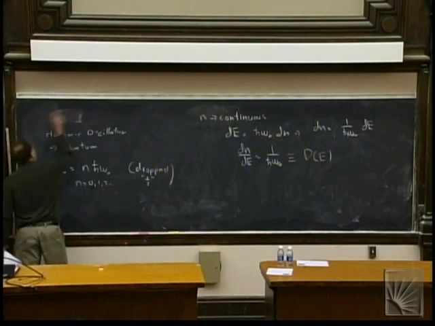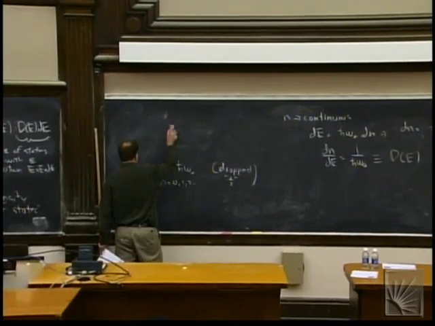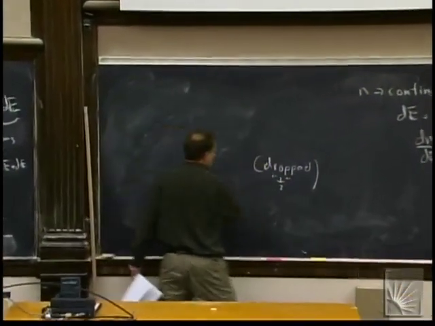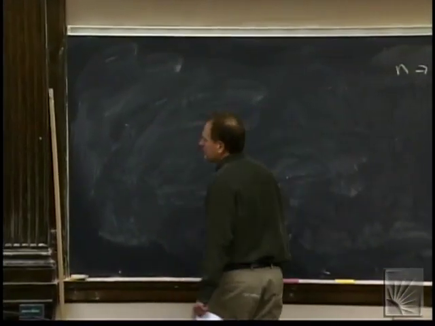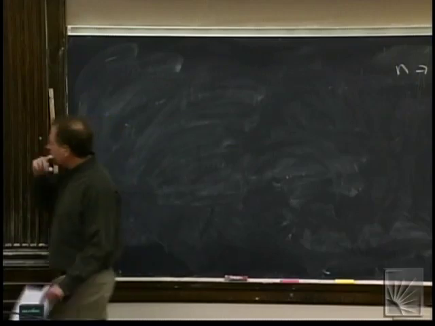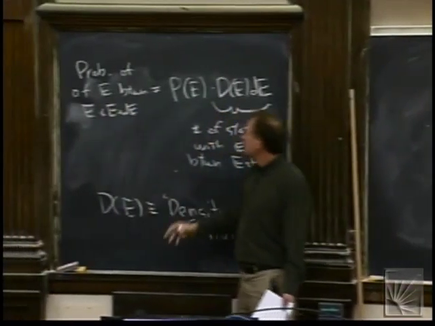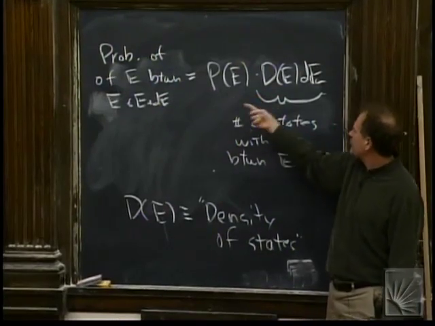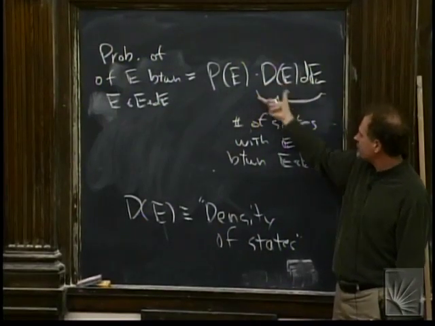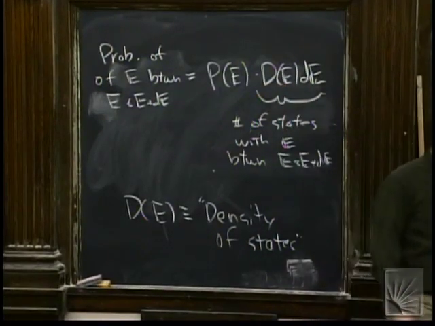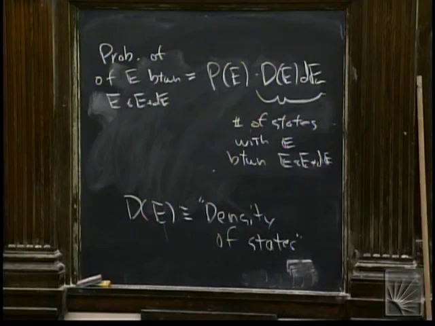Now I have to do a little more talking. Okay, so I had this idea that the probability of an energy in some range is the probability of that energy times the number of states in that energy range. And that's good. But it turns out that's usually not what I want to calculate with.